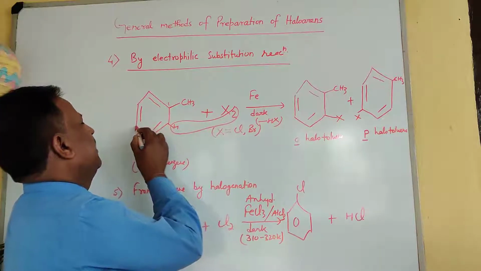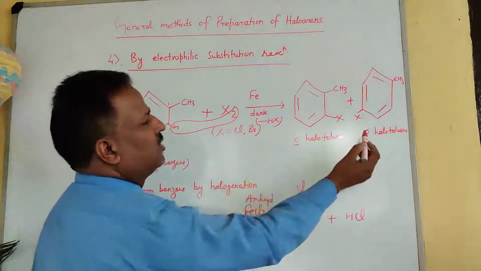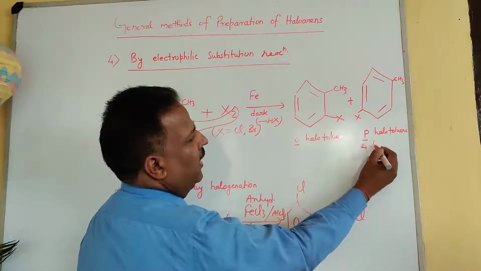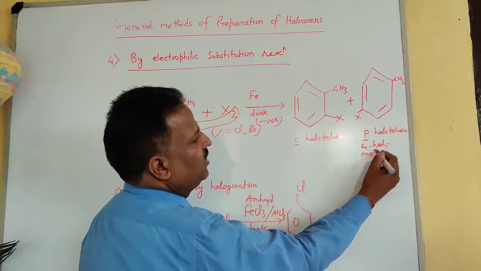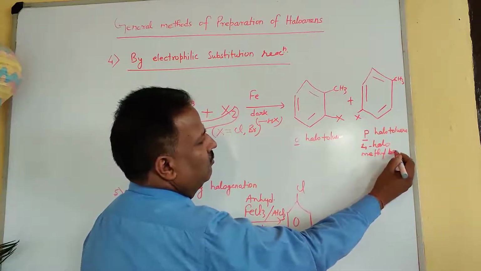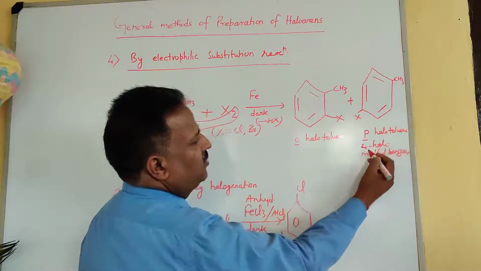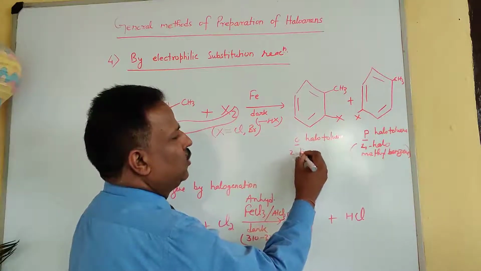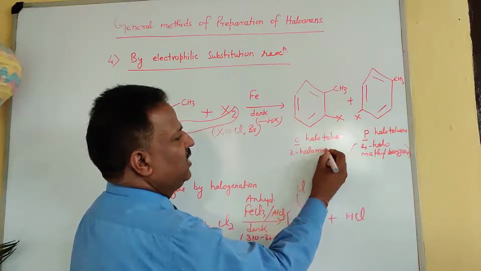If it comes to this place, then it is called para-halotoluene or 4-halo-methylbenzene. Para-halotoluene is 4-halo-methylbenzene and ortho-halotoluene is 2-halo-methylbenzene.